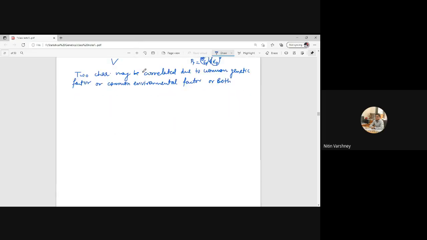Now what are the different causes of correlation? So yesterday I told you about pleiotropy. What was that pleiotropy? Anyone?